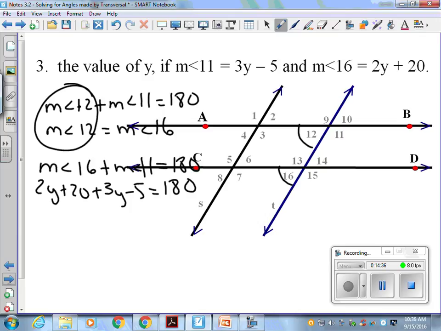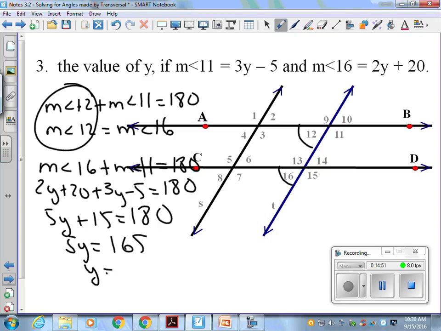And now I can solve it. 5y plus 15 equals 180 when I add like terms. 5y equals 165. Is that right if you take 15 away? So y is equal to, don't tell me. 33? Yep.